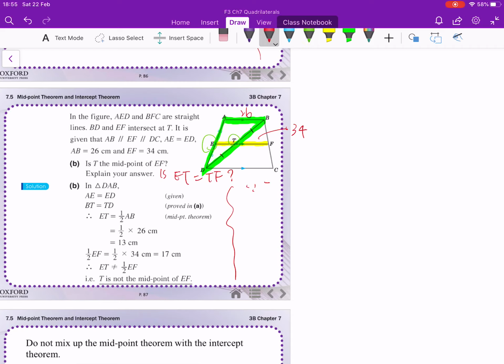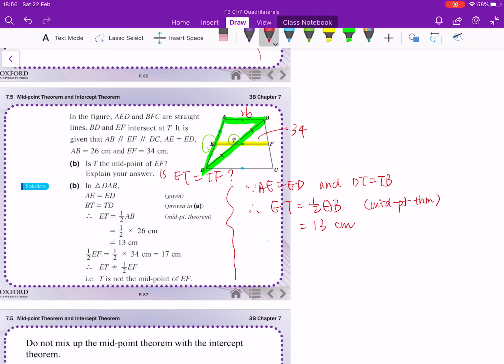Since E and T are midpoints, or if you don't like to write words, you can write AE equals ED and DT equals TB. Then by the midpoint theorem, ET should have the length half of the base AB. So it is half of 26, so 13 cm.